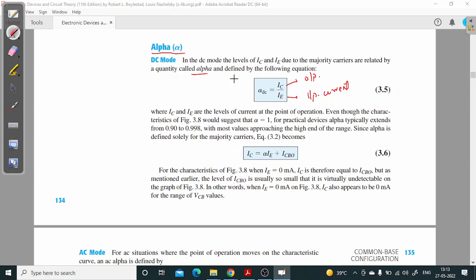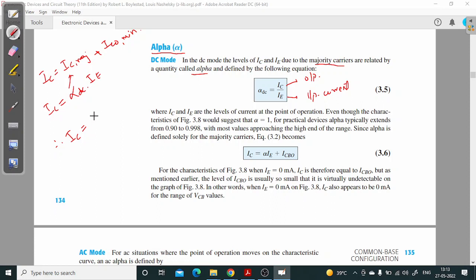This is for the majority carriers. When we take the minority carriers into account also, we know that IC was IC majority plus ICO minority. From the definition of alpha, IC becomes alpha DC times IE, and this alpha definition is for majority carriers.